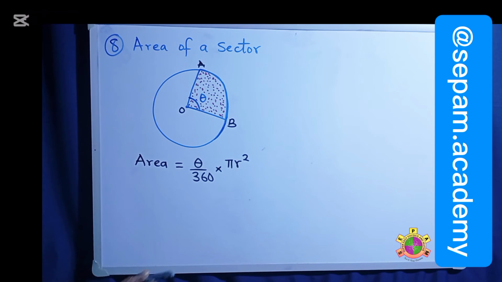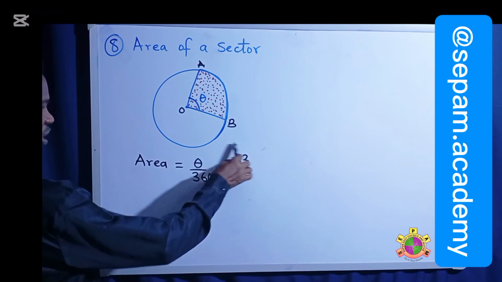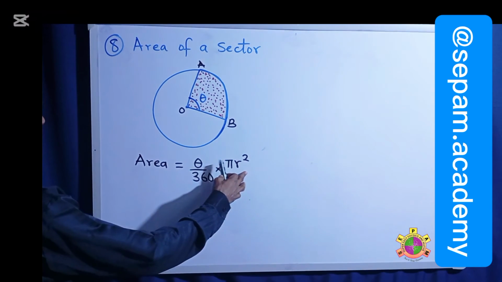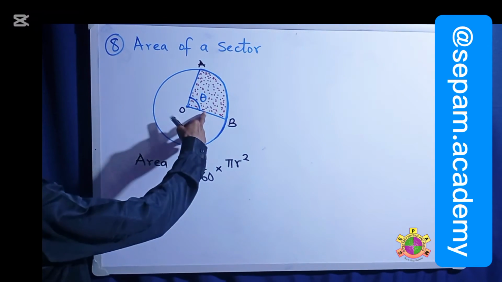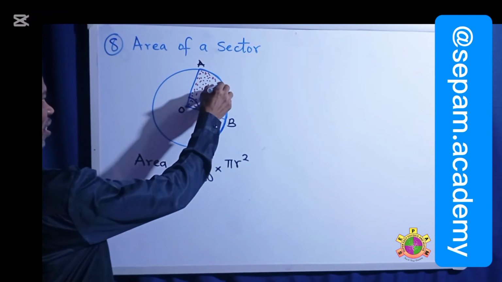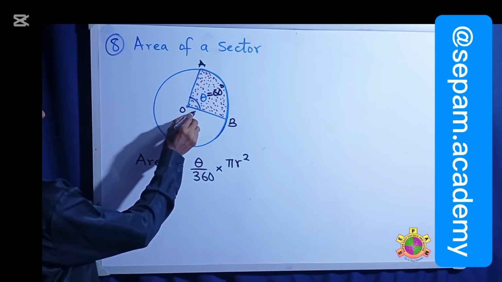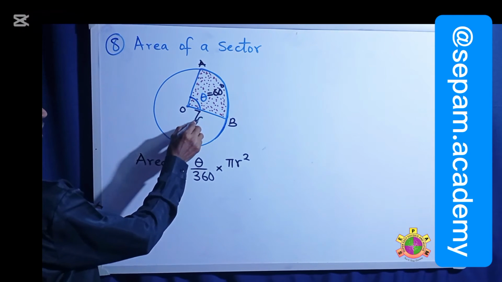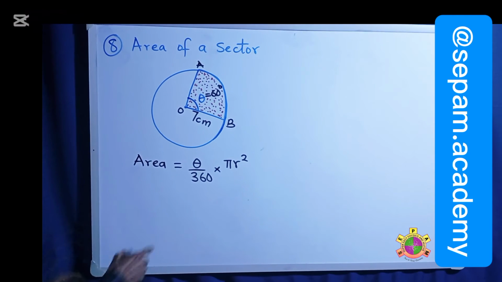So the area of a circle is pi r squared, and a sector is just a fraction of it. So all we need to know is the angle here. If this is 60 degrees and the radius is 7 cm, we can calculate the area.